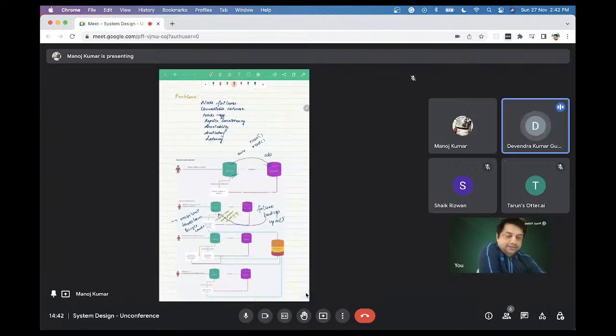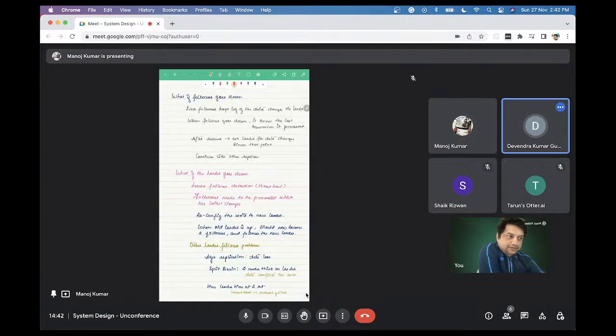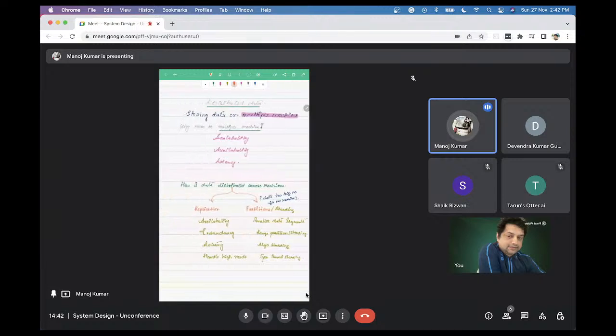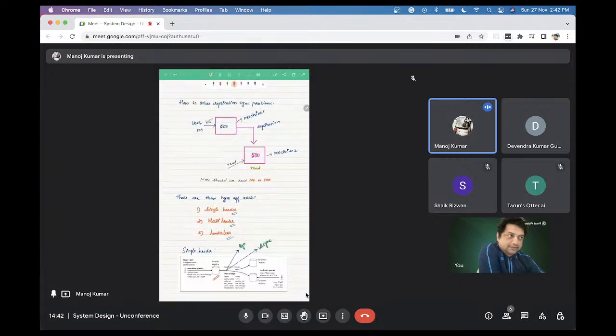I want to go back and check those earlier topics a bit more. If you need to go through it once again, these concepts I took from Martin Kleppmann's book.